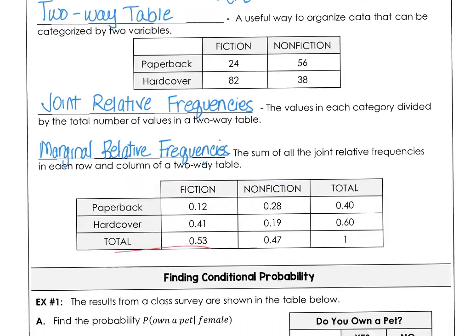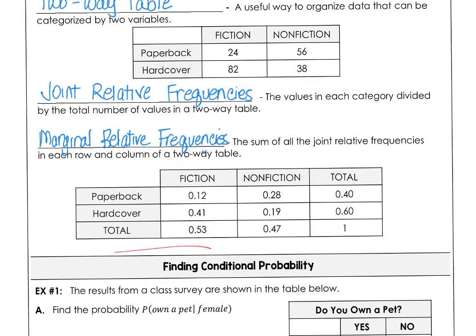In this table, you can see that we have our marginal relative frequencies totaled here for this row in paperback, this row in hardcover, and then this column total and this column total. So our totals, row and column, would always equal 1.